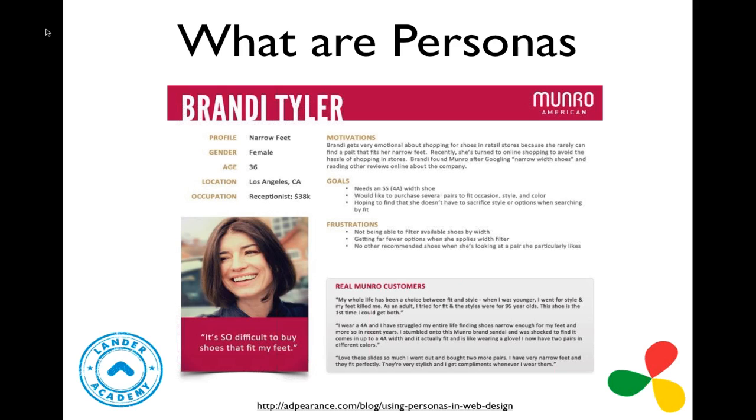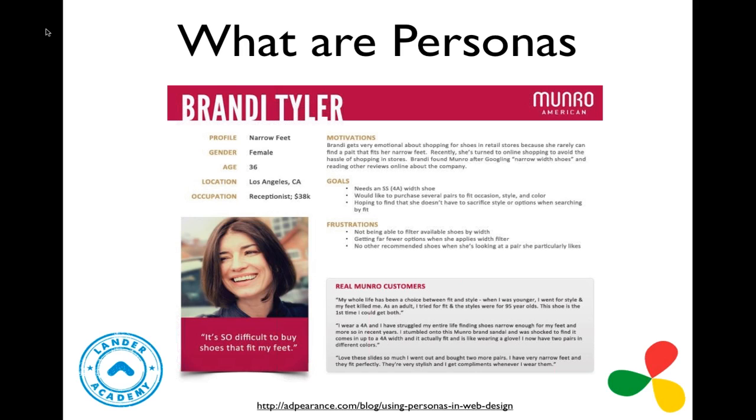How many things could we do or could we test in the landing pages of this company if we defined this persona? How will we show the numbers? How will we show the product, the copywriting, the display, the options that we're giving, the layout of the page? Well, a lot, isn't it?